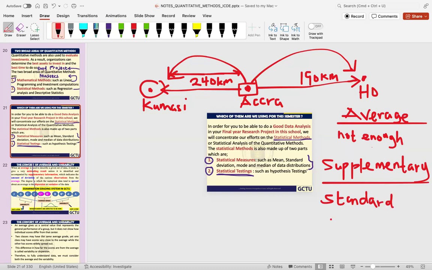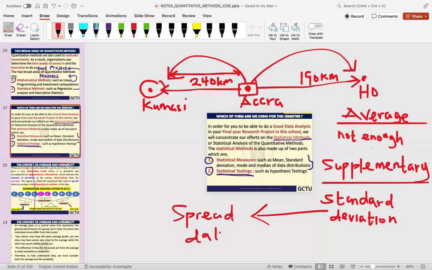And I'm going to demonstrate that to you. What the standard deviation actually does is it shows you the spread of the data from the center, the spread of the data from the average or the center.